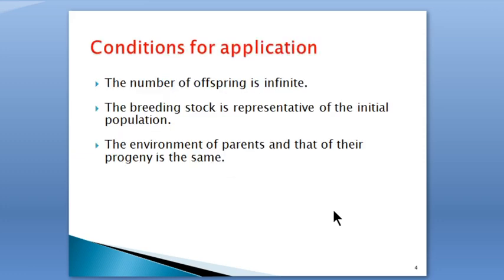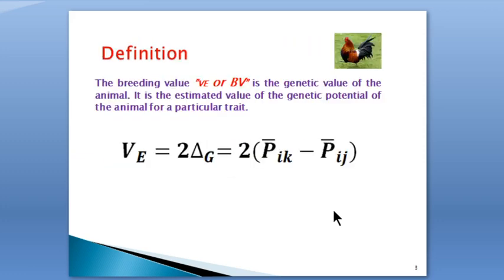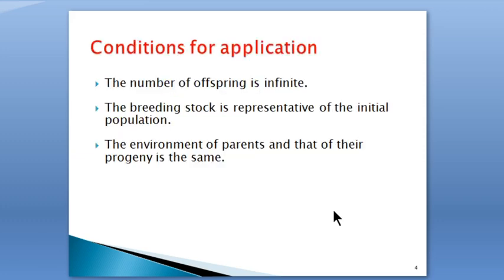Okay, now for the previous formula to be applied, the following conditions shall be met. Firstly, the number of offspring should be infinite. We know that it is very impossible considering the condition of production or breeding farms or systems. Secondly, the breeding stock must be representative of the initial population.